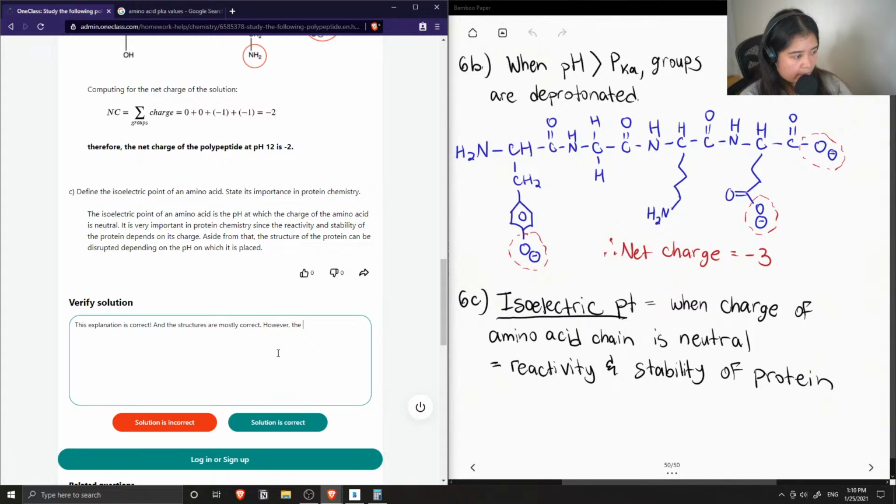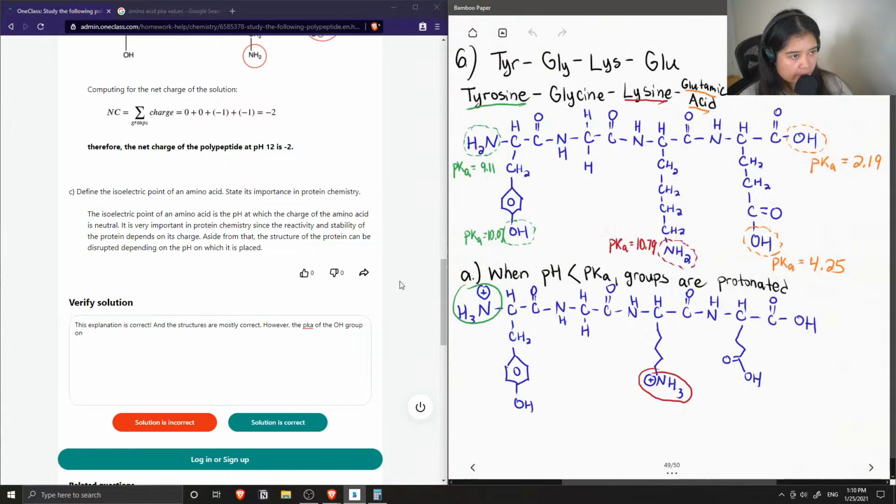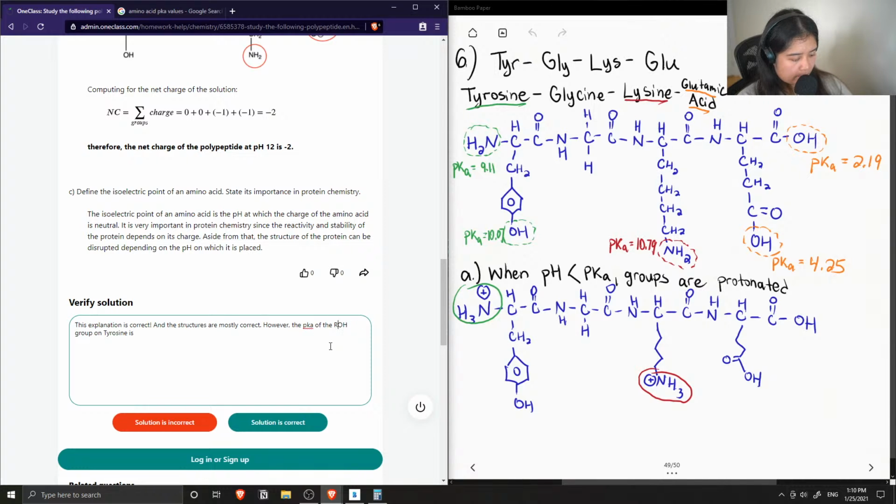However, the pKa of the OH group on tyrosine, I believe. Yep. On tyrosine, around 10.07.